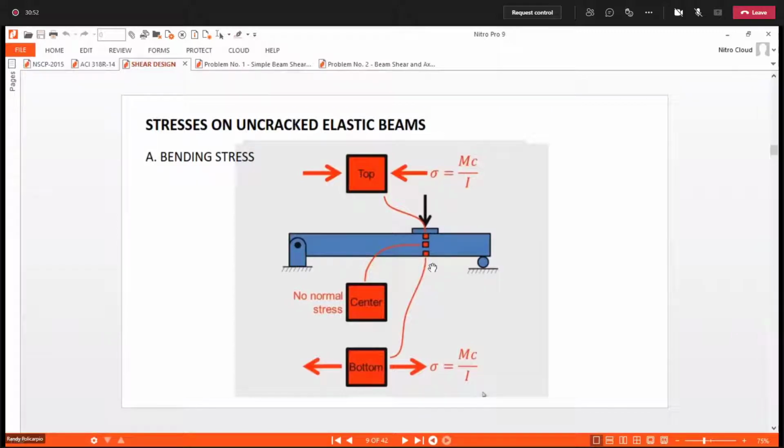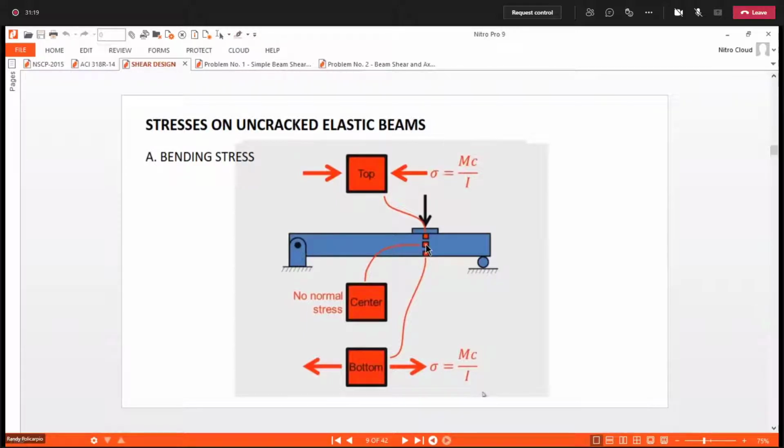It will bend, and our bending is concave upward. When it is concave upward, the topmost part is under compression, and the bottommost part will be under tension.